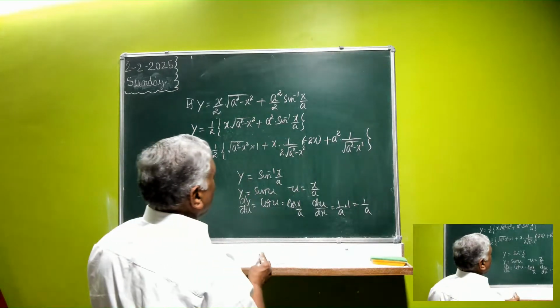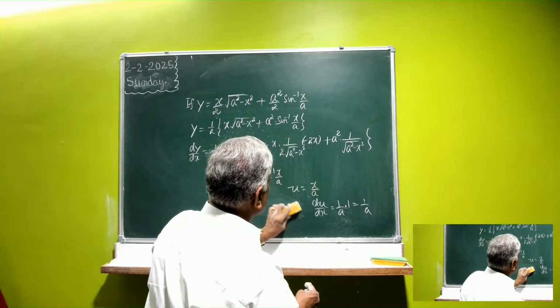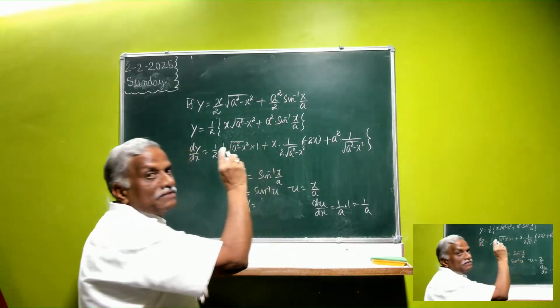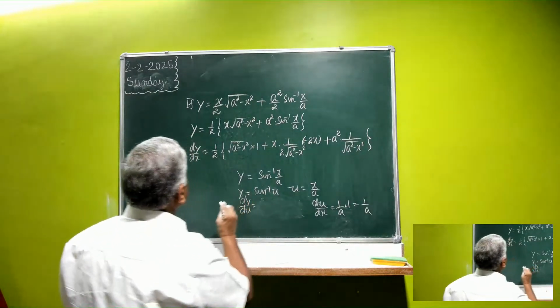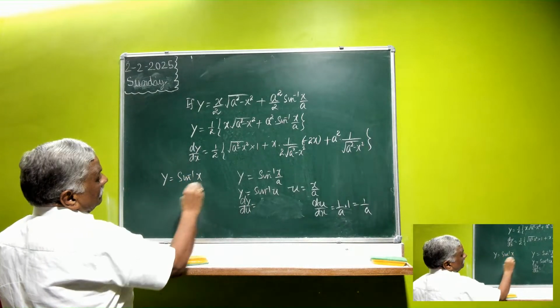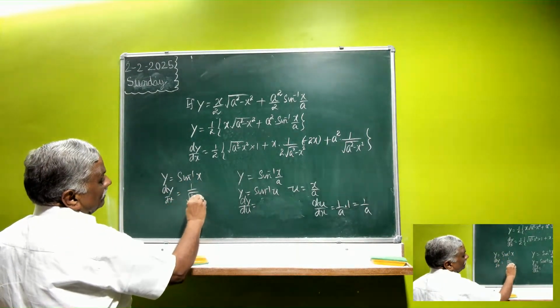Sorry, I have made a mistake. It is not sin u. It is sin inverse u. Sorry, this mistake is there. It is sin inverse u, because the problem is sin inverse. So what is the sin inverse differentiation? If y is equal to sin inverse x, dy by dx is equal to 1 over root of 1 minus x square.